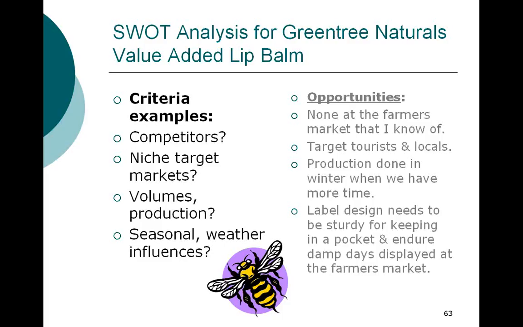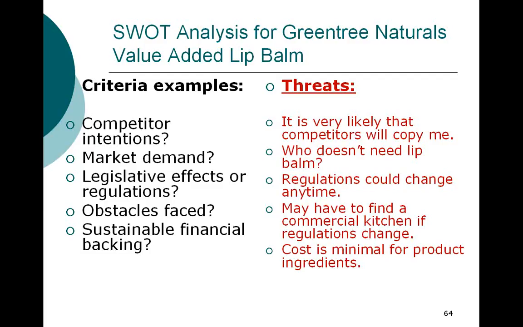And like I said before, the production is done in the winter, and the label design is something that I can do on my own computer. It's got to be sturdy enough to endure the damp days and be in the pocket. So I've played around with different things with that, and being able to do my own label certainly makes a difference.